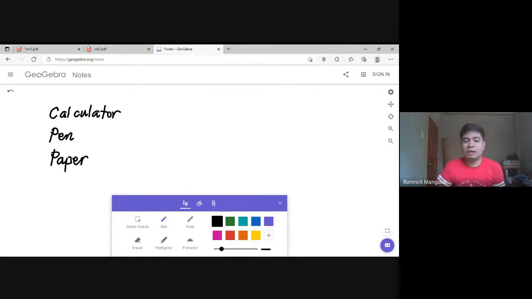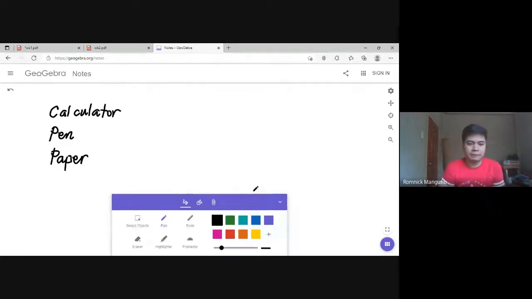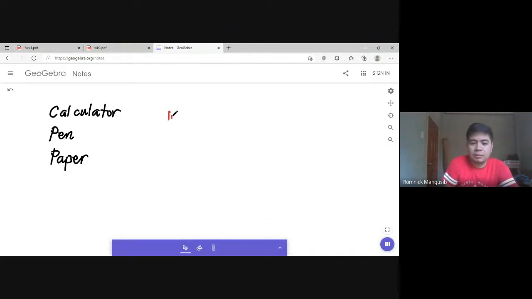So ngayon, you should have your calculator and you should have your pen and paper. Hindi nyo lang tititigan ito. So ngayon, I'll now construct two illustrations. Number one illustration from the center.